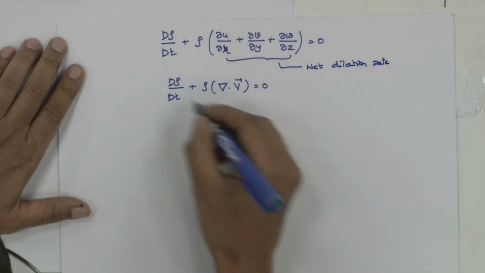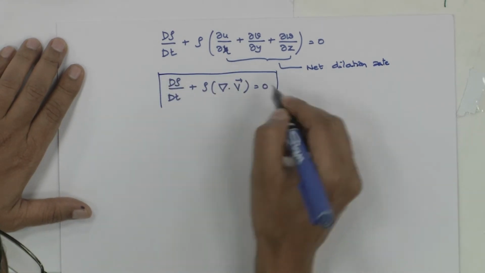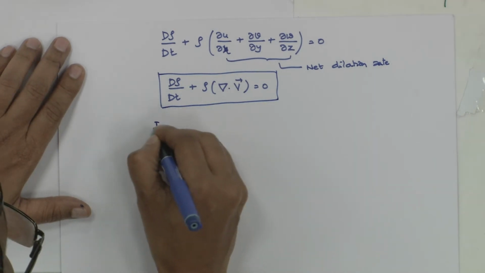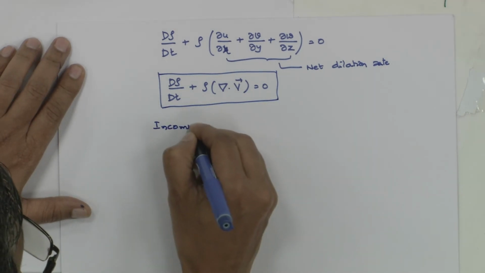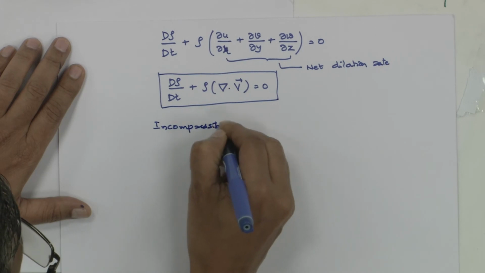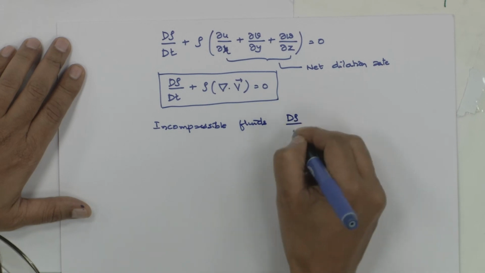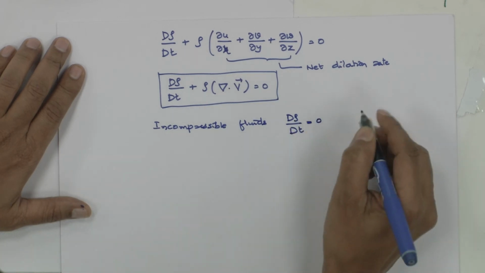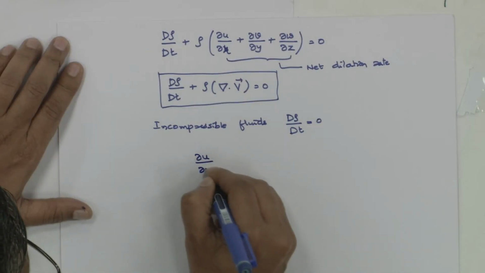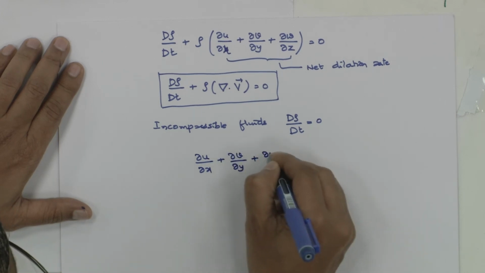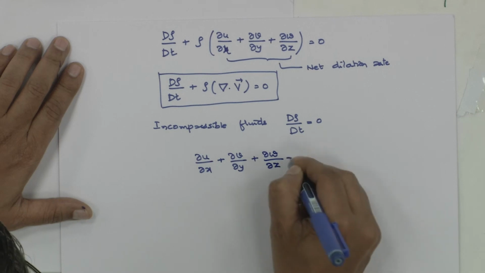This is the general equation, but what does it reduce to in case of incompressible fluids? In case of incompressible fluids, my d rho by dt term is 0 because density is neither varying with time nor with space. So what will I get? Del u by del x plus del v by del y plus del w by del z equal to 0.